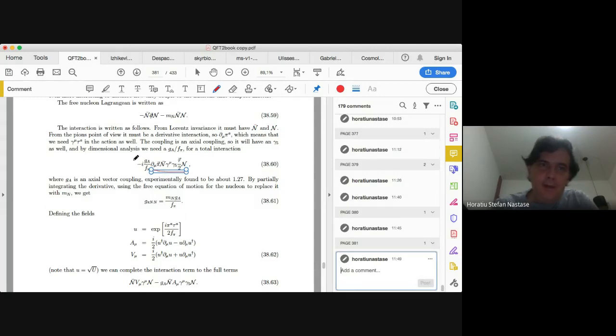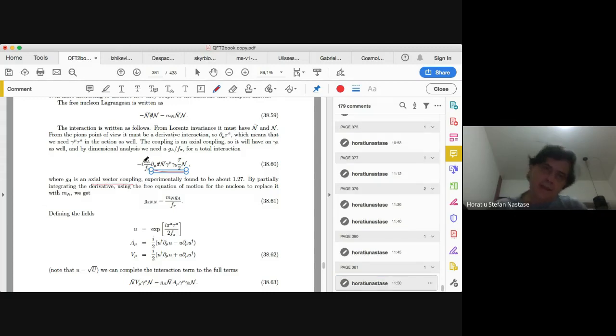And then by dimensional analysis, it has to have the dimension of 1 over f pi. So I call it 1 over f pi with a GA that is an axial vector coupling.